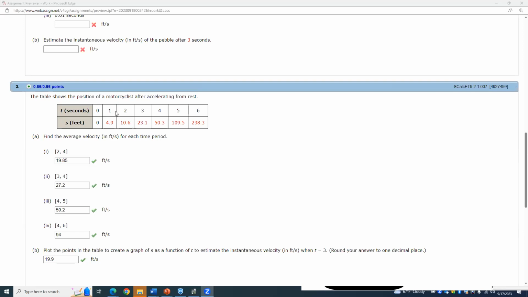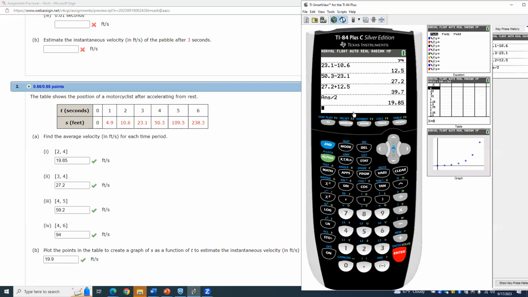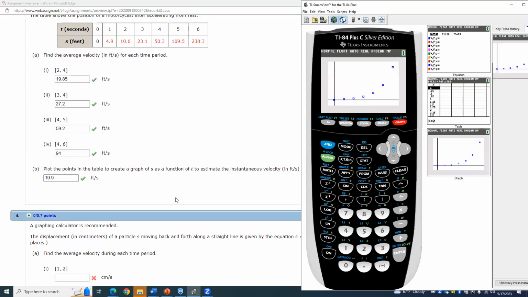We're just going off of this random graph after we plotted the points, eyeballing it and saying it looks a little steeper than the line between 2 and 3, but not as steep as the line between 3 and 4. Let me take the average of that and see what happens. That works. There are a lot of different ways to try it.